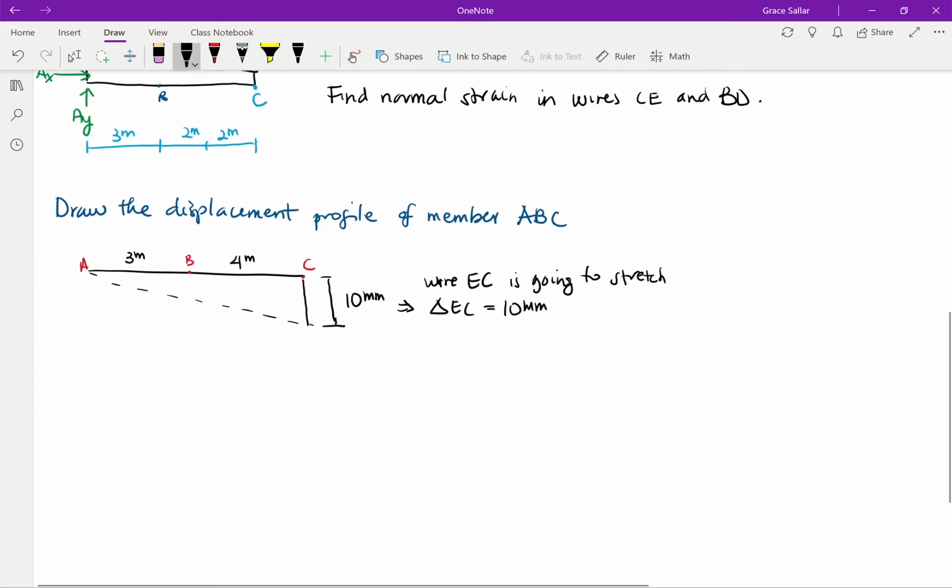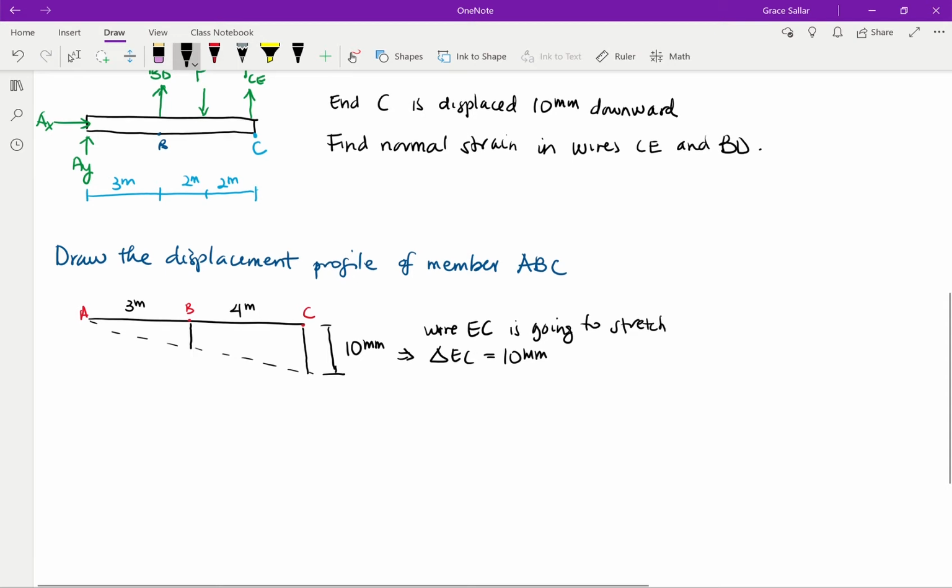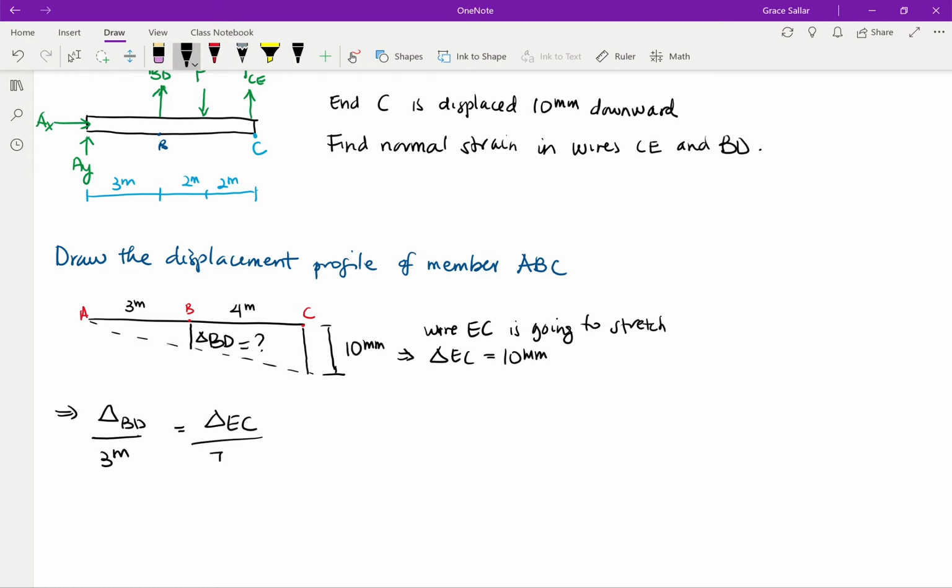Okay, so then what we need to know is what's going to happen to BD. So delta BD is something that we don't know. We're going to use proportional triangles, and we're going to say that delta BD over this distance, 3 meters, is equal to delta EC over 7 meters.